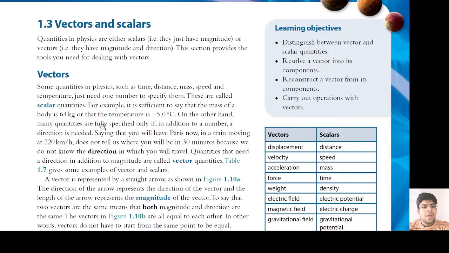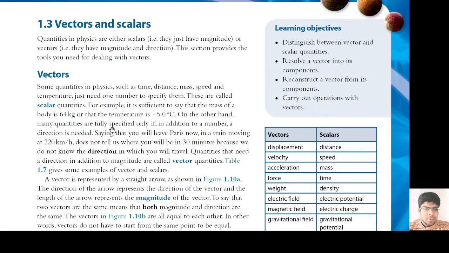On the other hand, many quantities are fully specified only if, in addition to a number, a direction is needed. So we just need a number to specify time, distance, mass, speed and temperature. These are the scalar quantities.